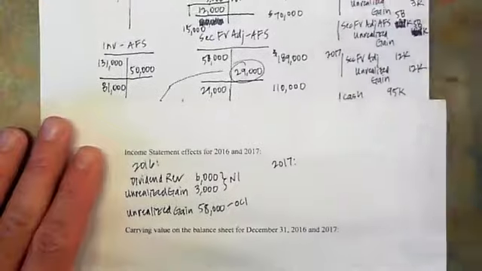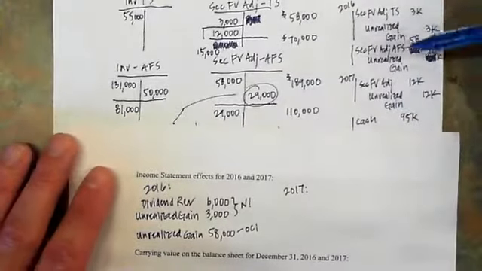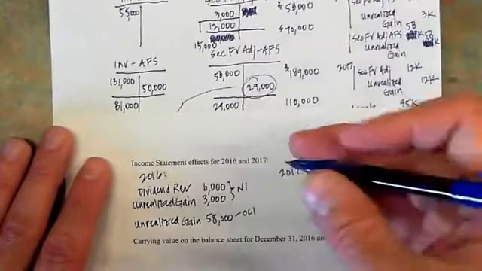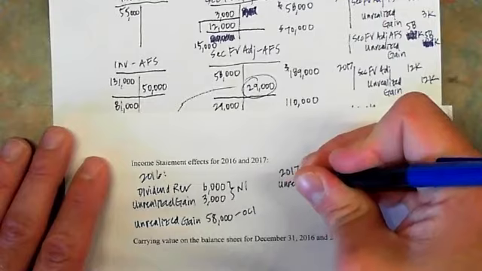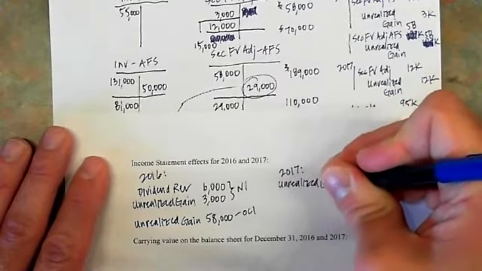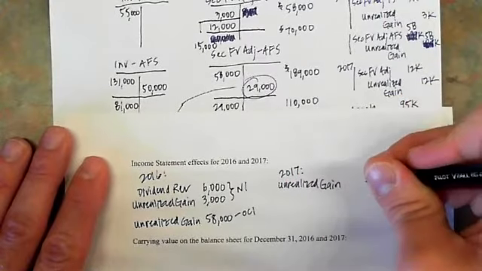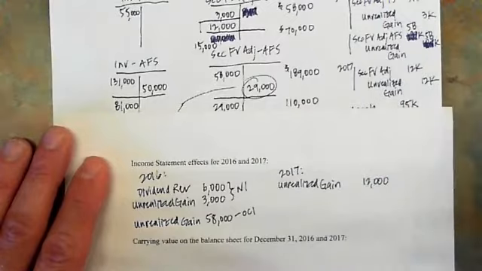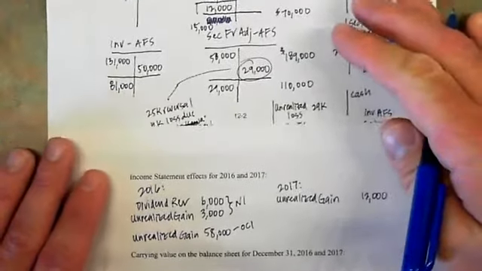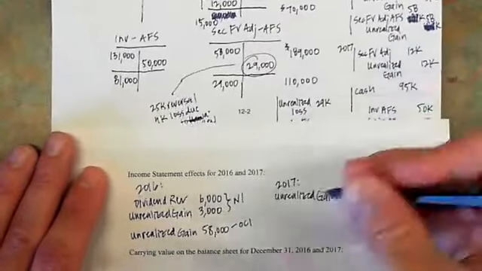In 2017, I have no dividends, but I have an unrealized gain here of 12,000. And then I have a gain on sale of 45,000.